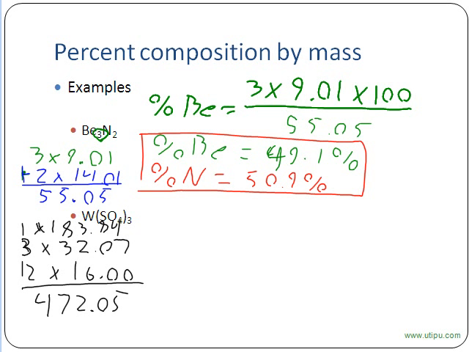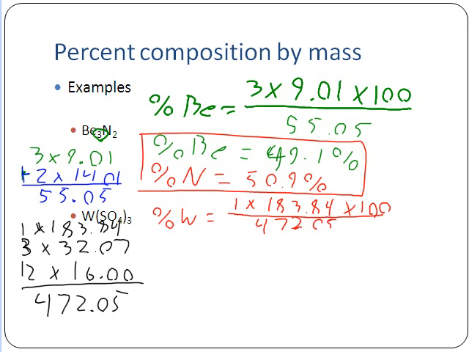Let's say we're going to start off here with tungsten. And so if we want to find the percent tungsten, we're going to say, how many tungstens do we have? Just 1. So 1 times the atomic mass of tungsten, which is 183.84. We already discussed that, times 100. And we're going to divide this by the total molecular mass, which is 472.05.